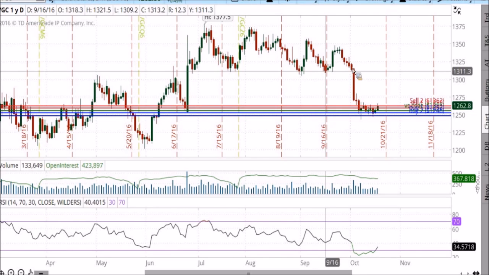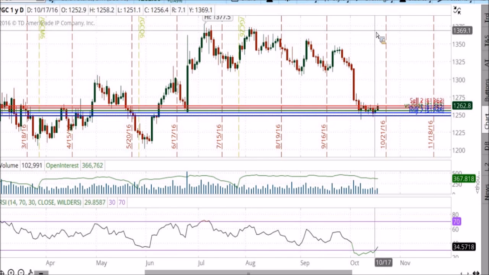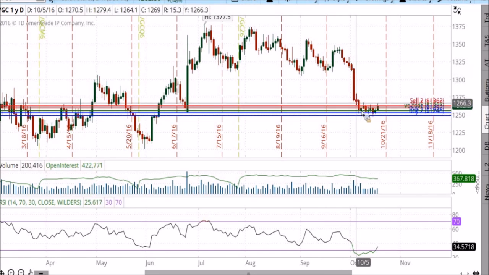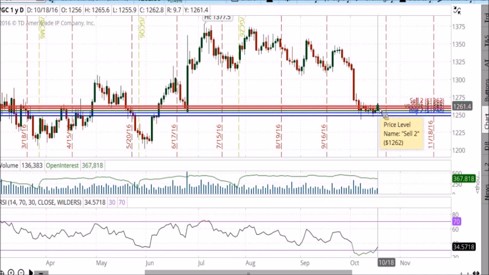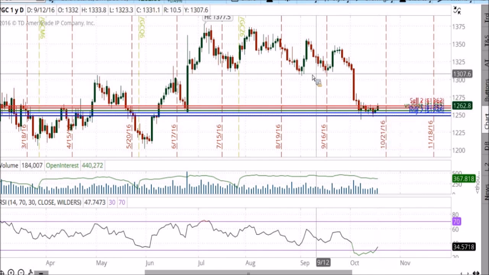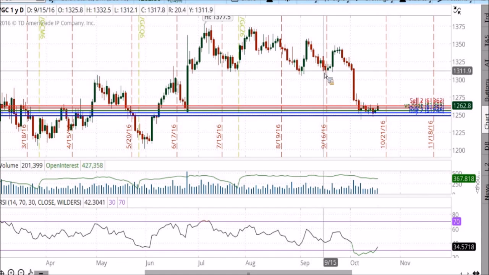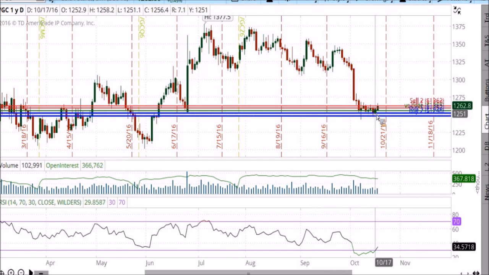An inversion means when the cycle is expected to make a high, instead what it did is it came down and made a low. This inversion increases the probability that the lows in the gold market probably will be made sooner than December 15th.